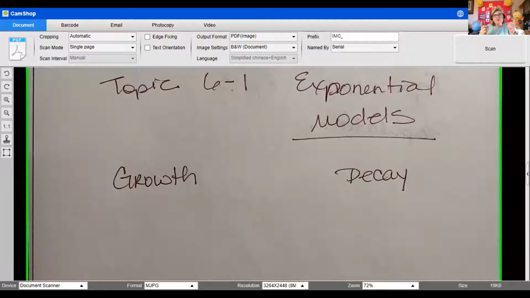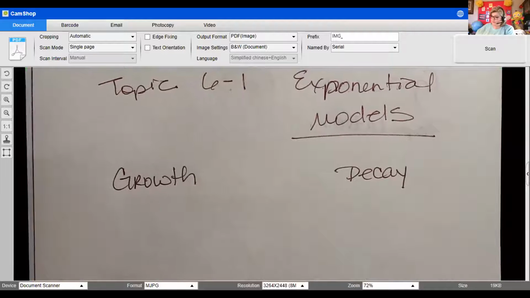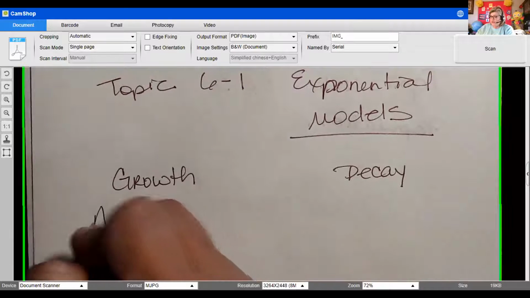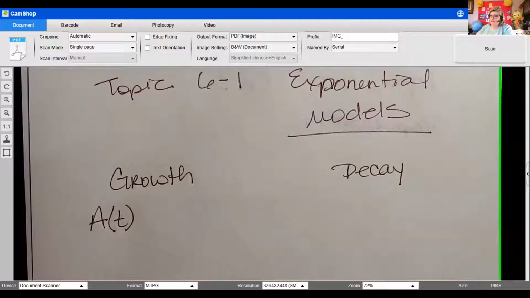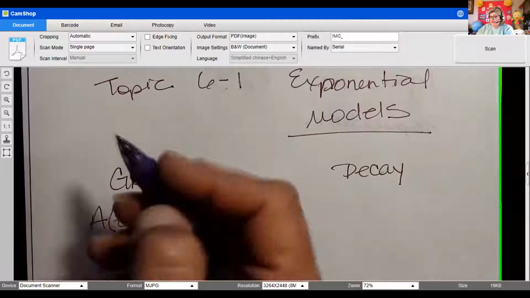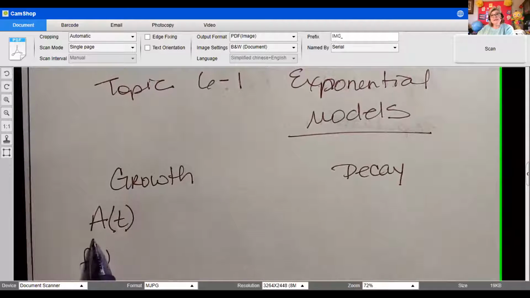We have set formulas for each one, and so we'll go over those now. For a growth model, you've got the amount at any given time, which is simply a function. We're used to seeing f of x. Well, A of t is the same thing.